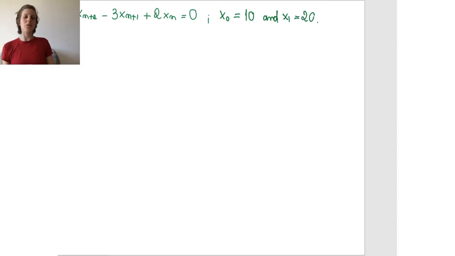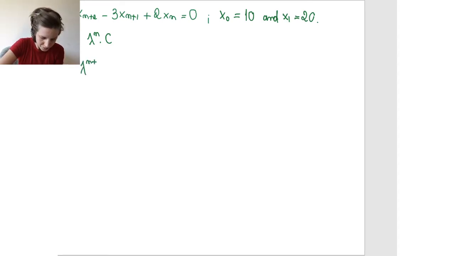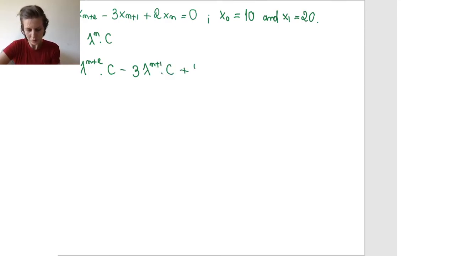So we are looking for solutions like this: x_n equal lambda to n times some constant c, and substituting in the difference equation, we get that lambda^{n+2} times c minus 3 lambda^{n+1} times c plus 2 lambda^n c equals 0.